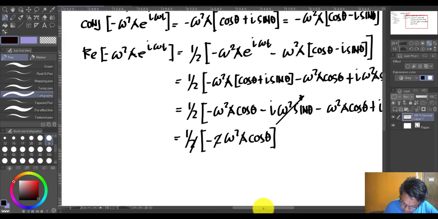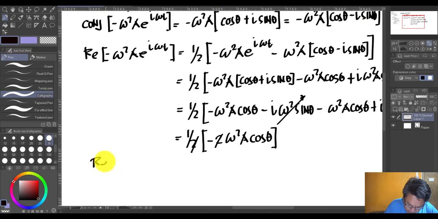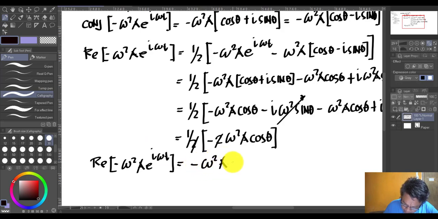So I can rewrite my real part, which is equal to negative angular squared a e i angular times time, so this will become negative angular squared a cosine of theta. This equates the real part of my acceleration: negative angular squared a cosine of theta.